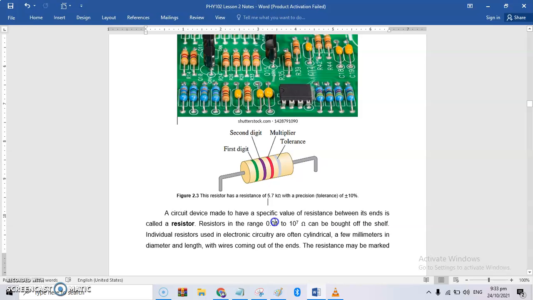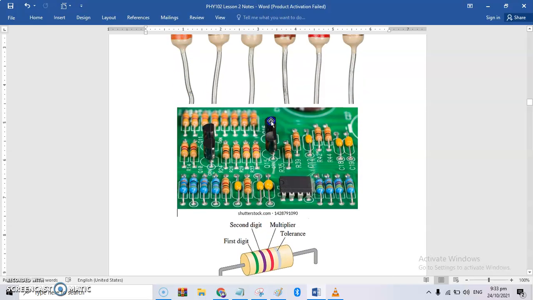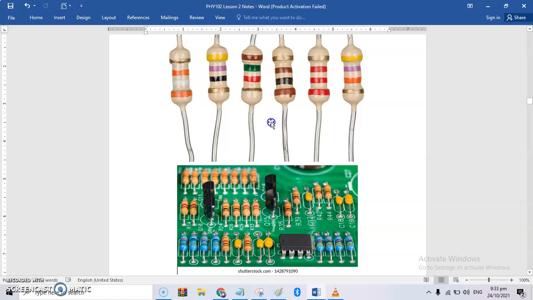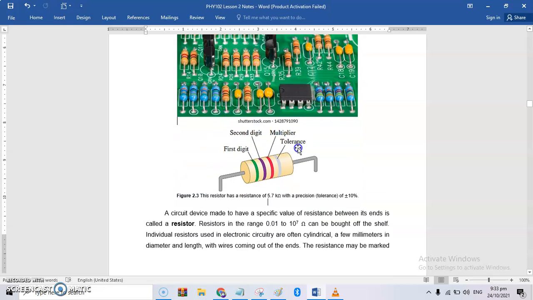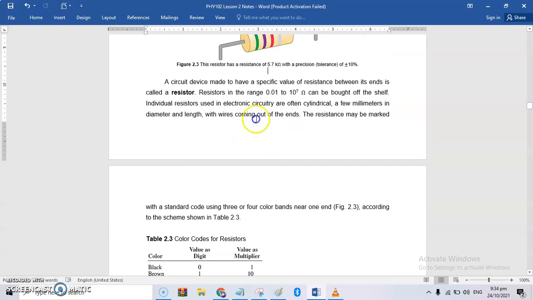Paano babasahin? First digit, second digit, third digit, and usually may pang fourth digit pa bago ang ating tolerance. So, usually ang ating color segments are 3 to 5 or 3 to 4. Okay? So, for example, basahin na natin.